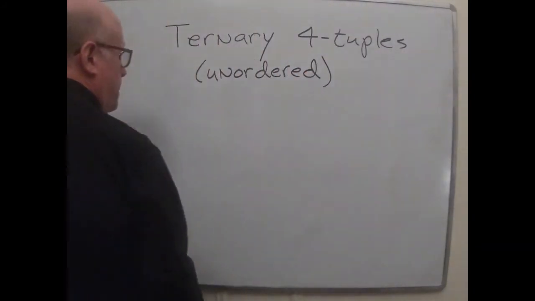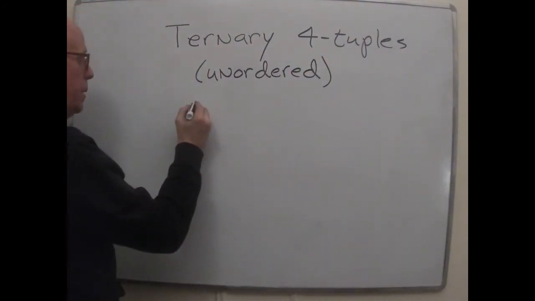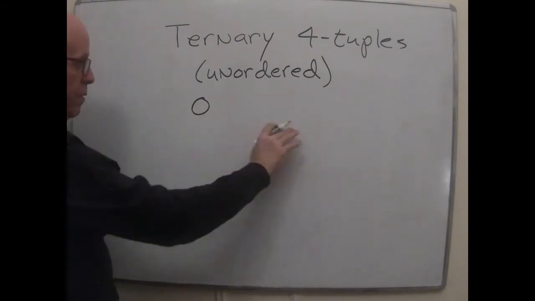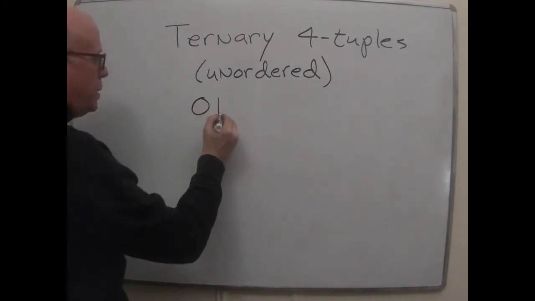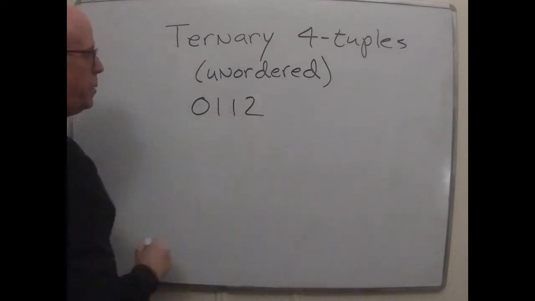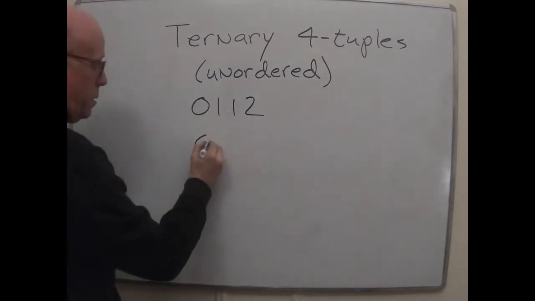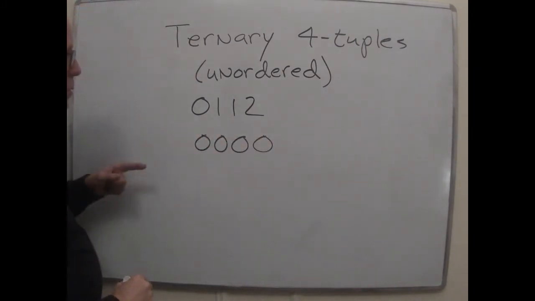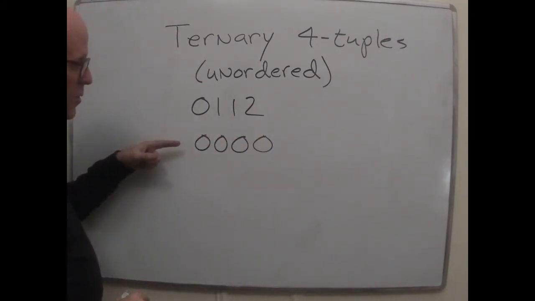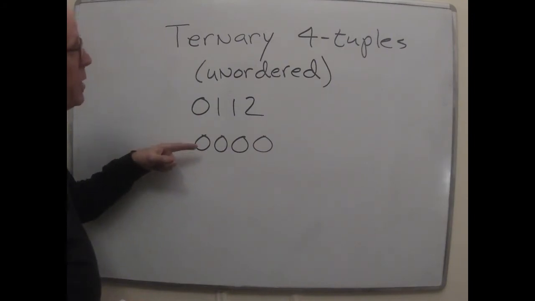I'll choose the order. I'll have them go in ascending order, because that's one I like. So 0, 1, 1, 2 would be one of these. Actually, 0, 0, 0, 0 would be one of these. The point is that you're allowed to have repeats, right?